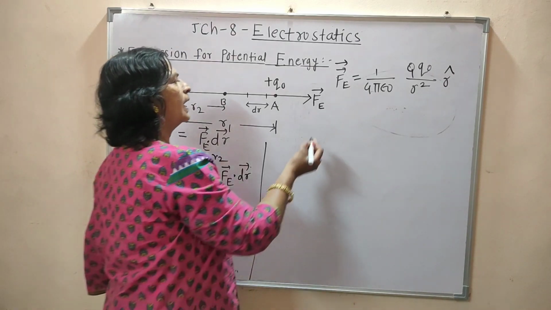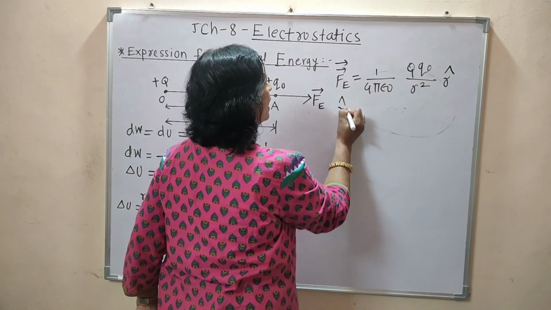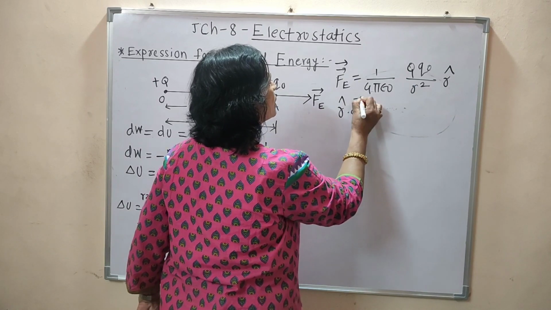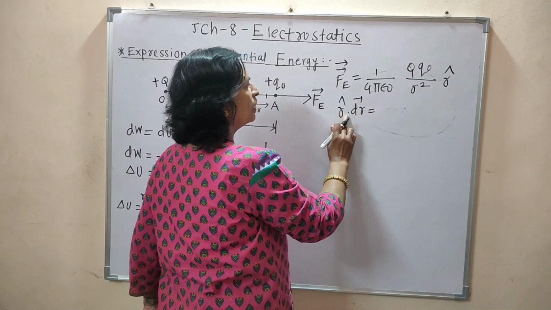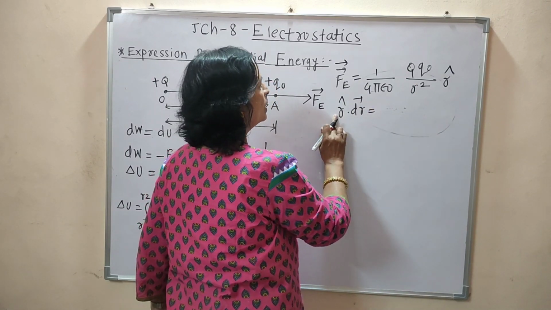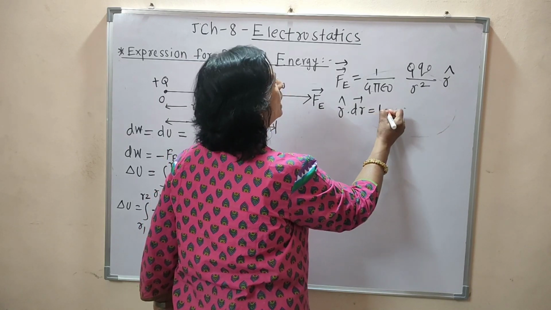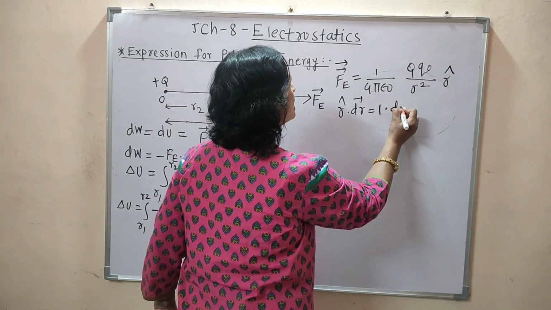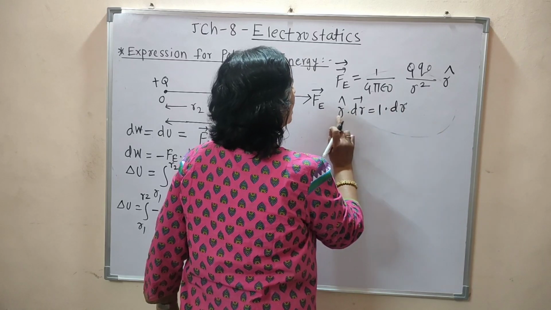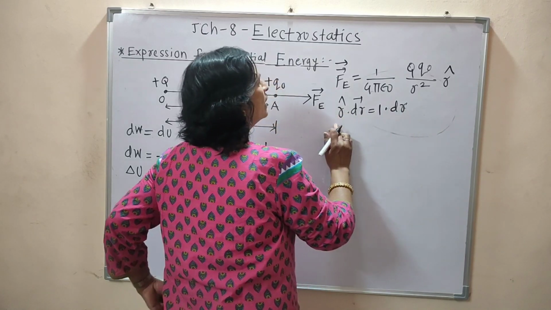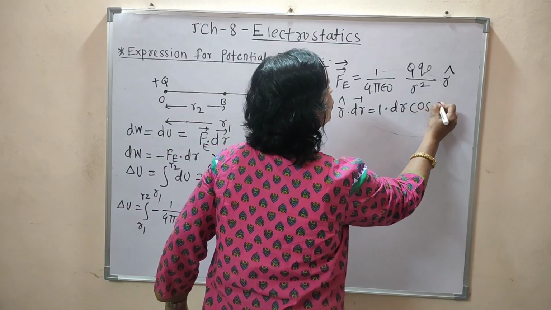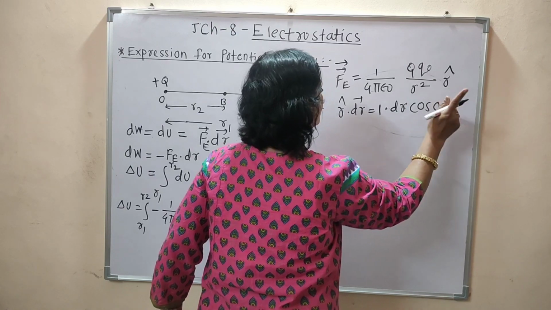Then r cap dot dr is again the product of magnitudes of the two vectors: the magnitude of the unit vector is 1, the magnitude of dr is dr, and the angle between them gives cos 0 degrees, which is nothing but 1.